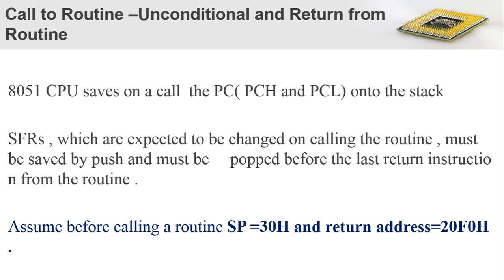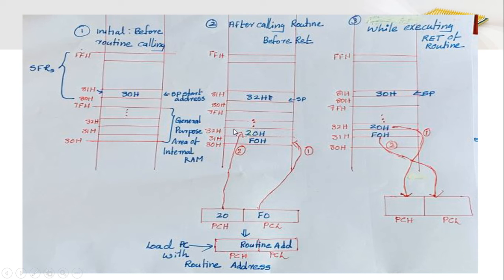So based on the given condition, initially the stack pointer, the 81st byte, holds the value 30h. That means the stack pointer is now pointing to this particular byte. This is the initial stack representation before calling a subroutine, and the PC is holding the return address 20F0 based on the given condition.